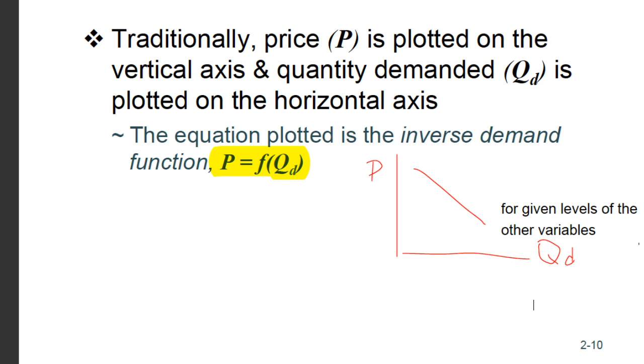So basically what you have, we just talked about, if I changed income, I would get a new curve, and if I increased income even more, it would go like that. If I decreased income, it would go this way. If I increase income, the curve will shift that way.